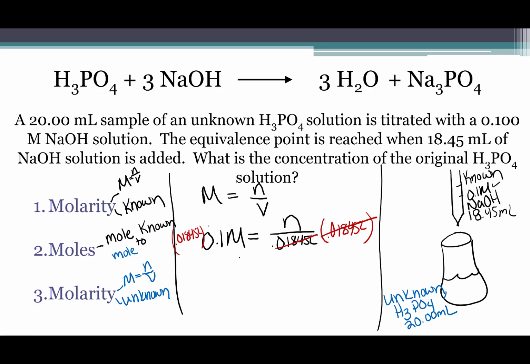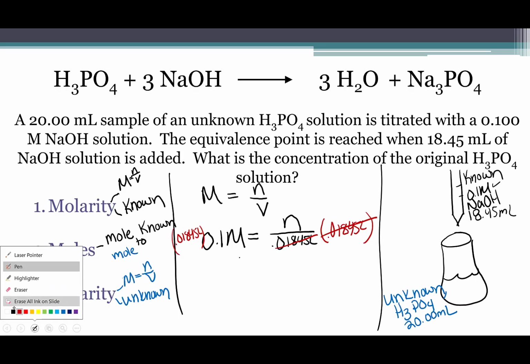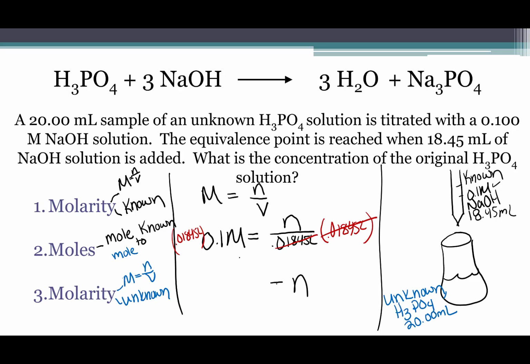So in this case, our number of moles equals, we take 0.01845 times 0.1, and we get 0.0018. We'll just call it 5. We'll round a little bit here. And that is moles of NaOH. Okay. Step 1 is done.